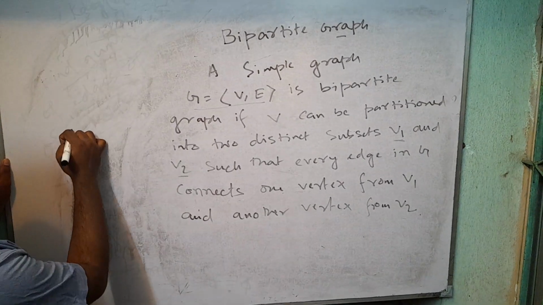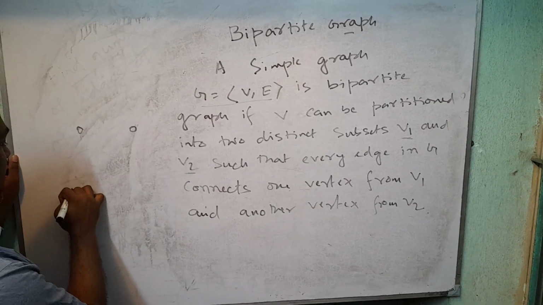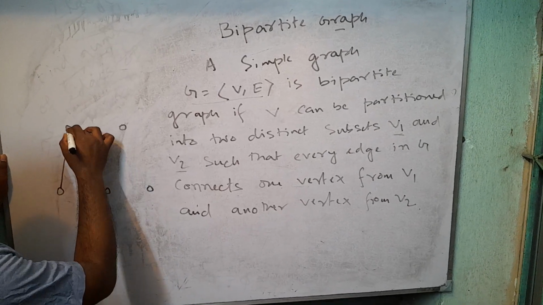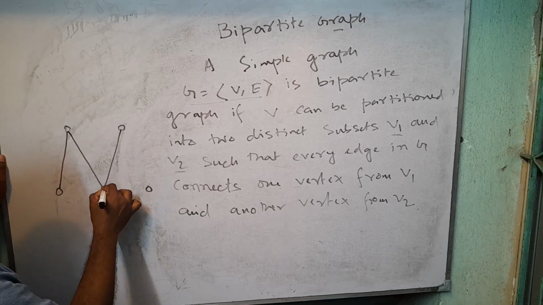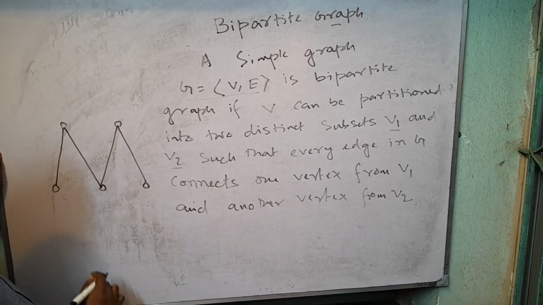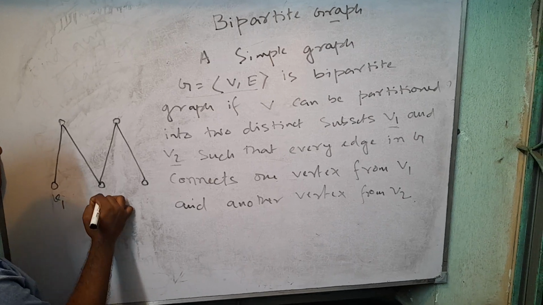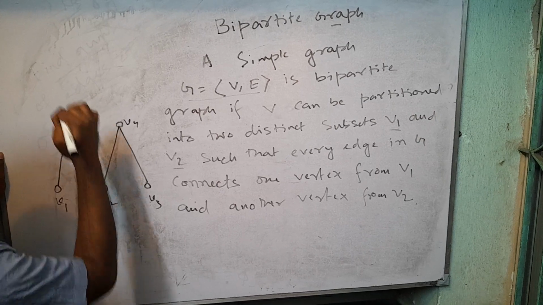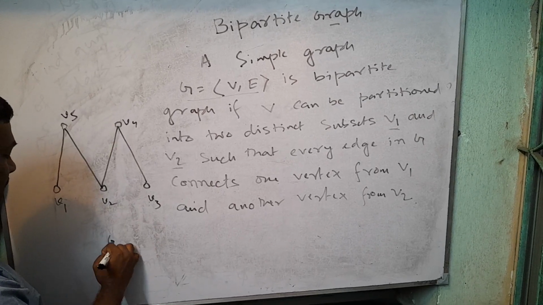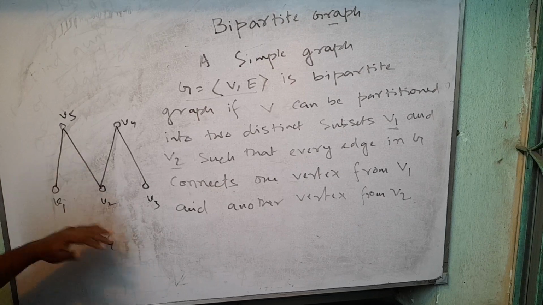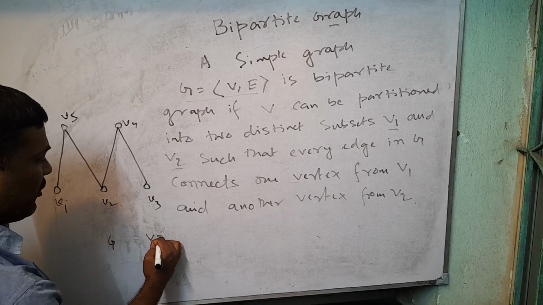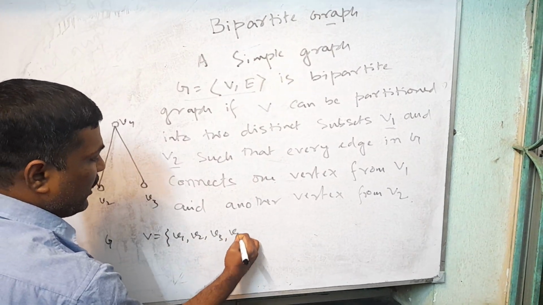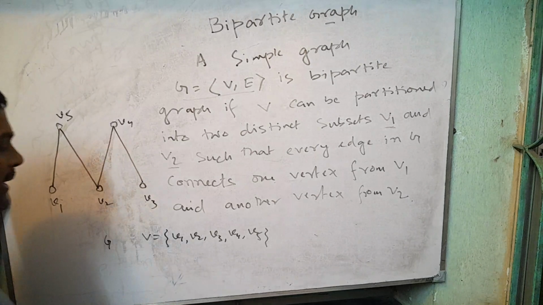Suppose this is one graph, with vertices V1, V2, V3, V4, V5. Okay, this is the graph G. For this graph, the vertex set is V equals {V1, V2, V3, V4, V5}.